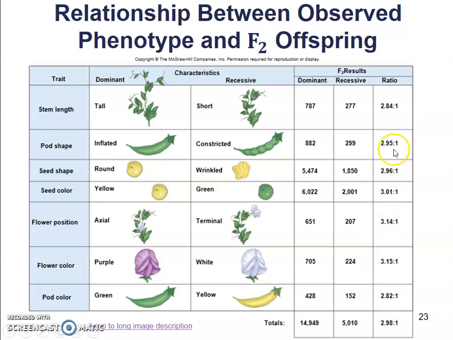They're all hovering right around 3 to 1. Here we can see our recessive traits are short stem length, constricted pod shape, wrinkled seeds, green seed color, terminal flower, which means it's at the very tippy top, white flower color, and yellow seed pod. So there's roughly 3 green pod plants to 1 yellow pod plant.